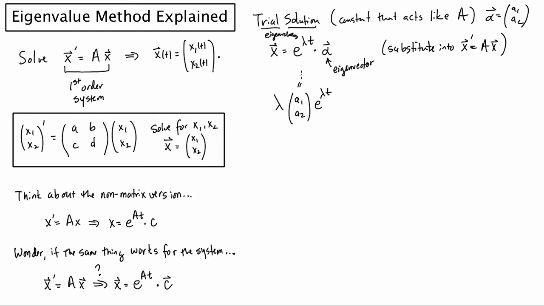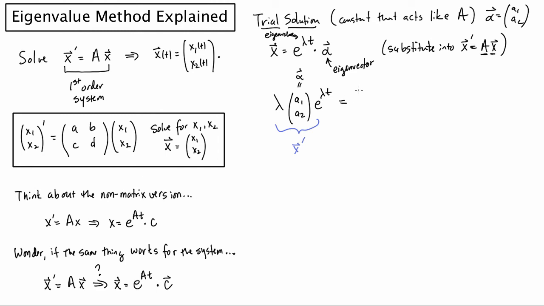So remember that this is alpha. So you just get the constant lambda times x. That's what you get when you take the derivative. So this represents the derivative of x, and I'm going to set it equal to, if you look at the formula, A times x.